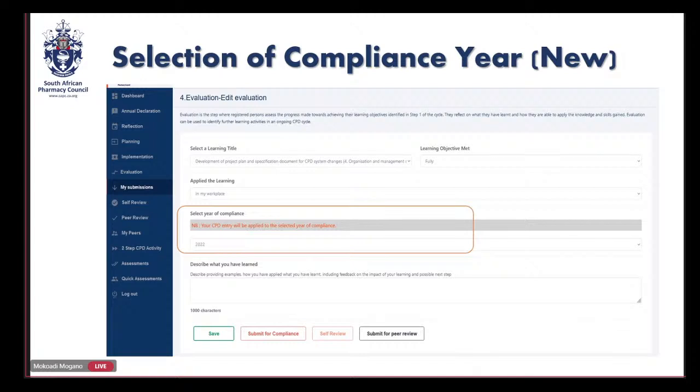So for 2021, the due date is coming soon, which is the 30th of April, right? But during the beginning of the year, you had to complete an annual declaration for 2022, and all your CPD activities that you'd submit from henceforth would reflect under the 2022 compliance year, even if you were submitting them for 2021.